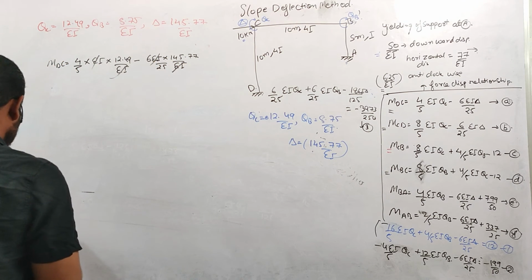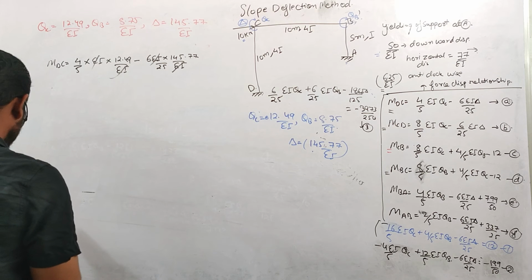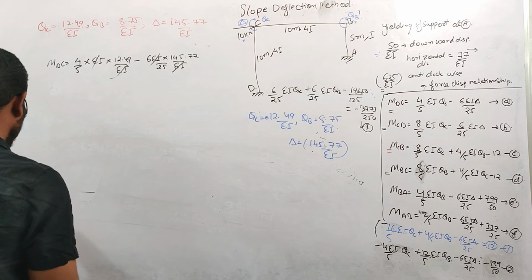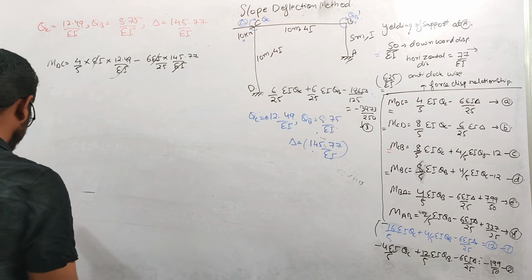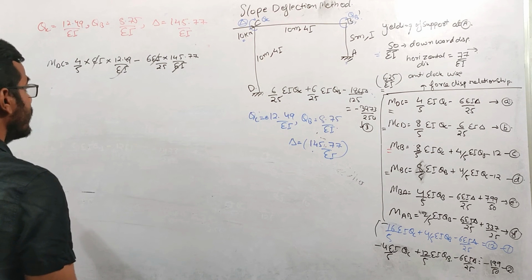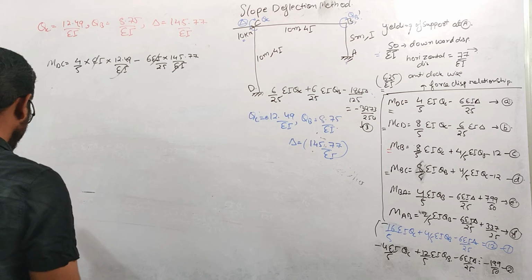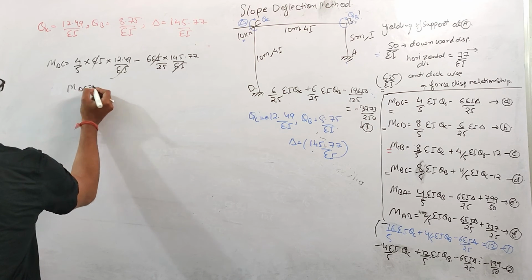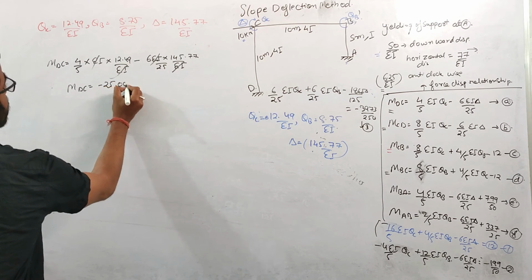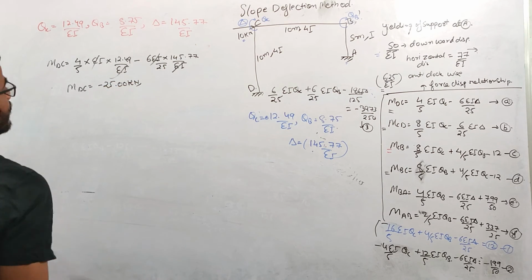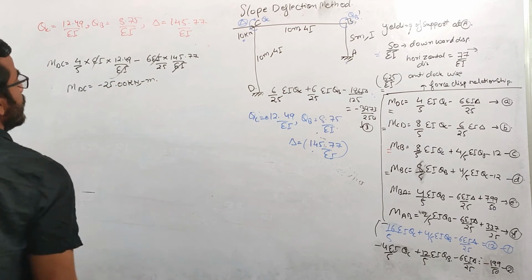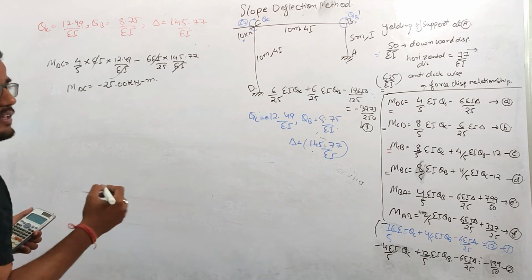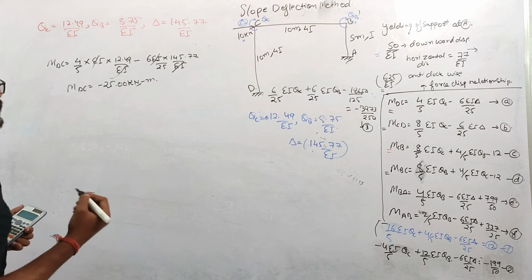The value will be 4 into 12.49 divided by 5 minus 6 into 145.77 divided by 25. So the value of MDC is minus 25 kilonewton meter. This negative sign is showing that this moment is anti-clockwise.